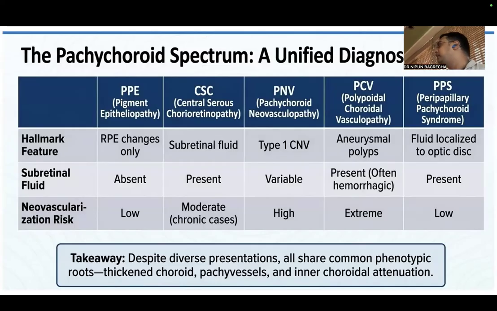Can you enumerate the difference between pachychoroid pigment epitheliopathy and whether it is progressing to CSR, just based on the spectral domain OCT? How can we find out whether this is just a pachychoroid PPE or a central serous chorioretinopathy? Because our management then changes.